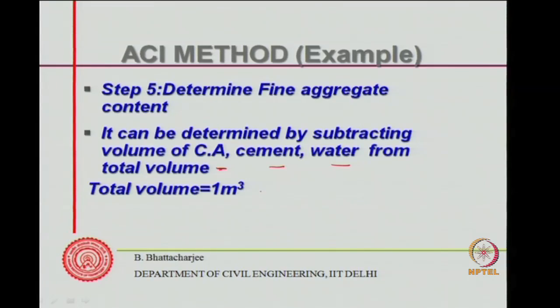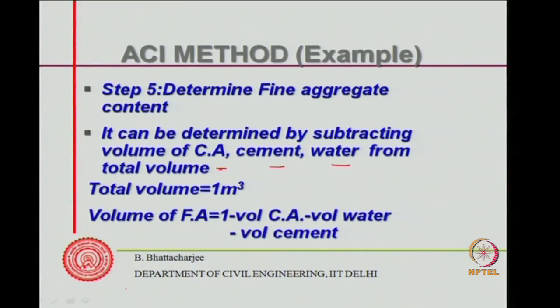So, total volume is 1 meter cube, minus actually 2% air I should subtract. So, I should have an equation: 1 minus the volume of cement, minus the air volume, which is 0.02.